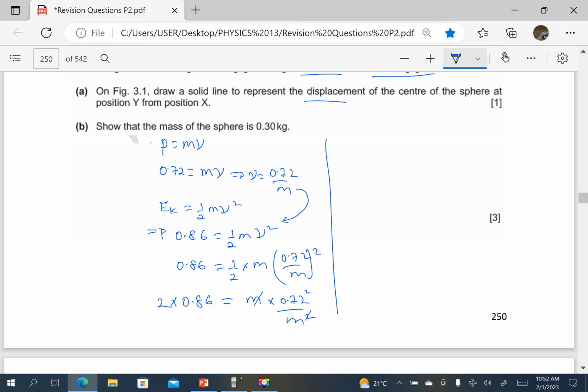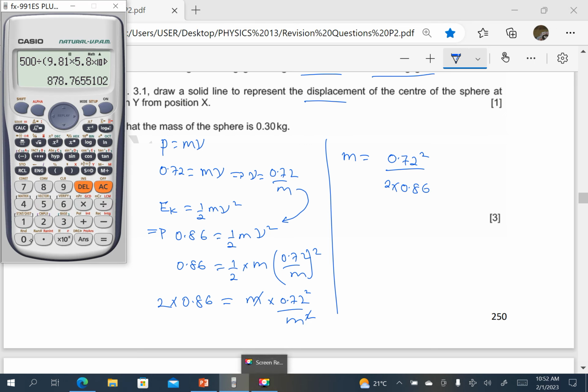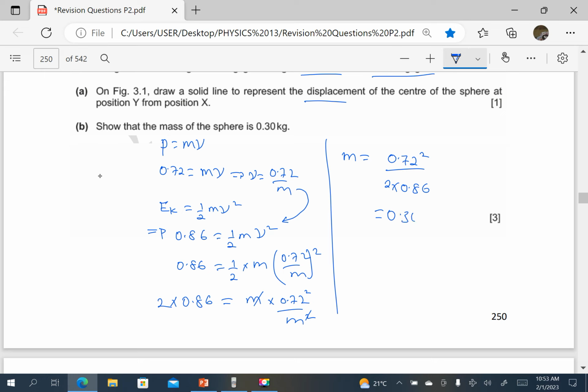So making m the subject, there is one m in the denominator, so m is going to be equal to 0.72 squared divided by 2 times 0.86. So we check it with the calculator: 0.72 squared divided by 2 times 0.86. This is giving us 0.301, or approximately 0.30.